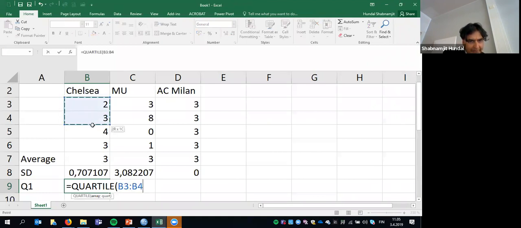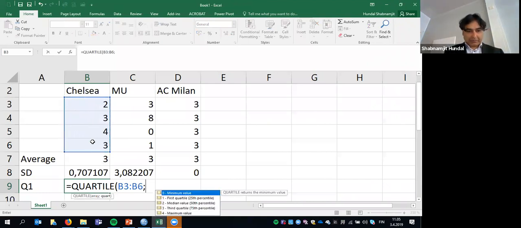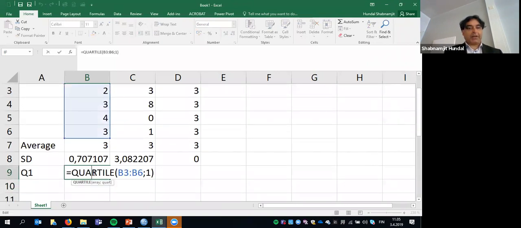Oh yes, I know what I've done. I should have specified which quarter I'm using. There we go. Look, why there was an error: because I didn't specify whether I'm taking the first quarter or third quarter. The data would be the same, but I want to specify the first quarter. So when I specify it, something comes up.